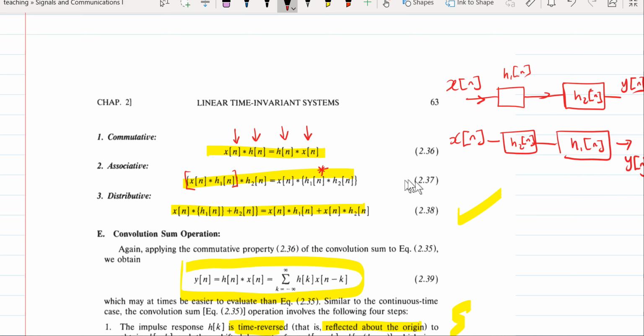The other property of the convolution sum is that it is distributive.